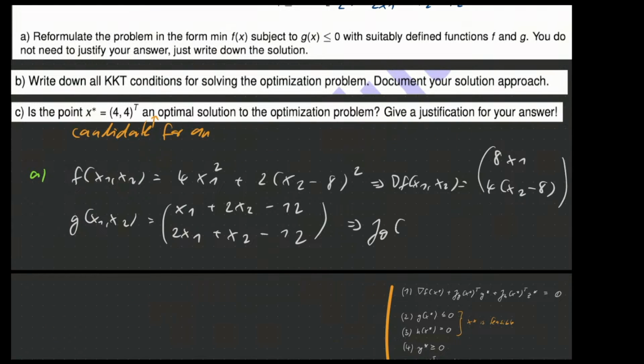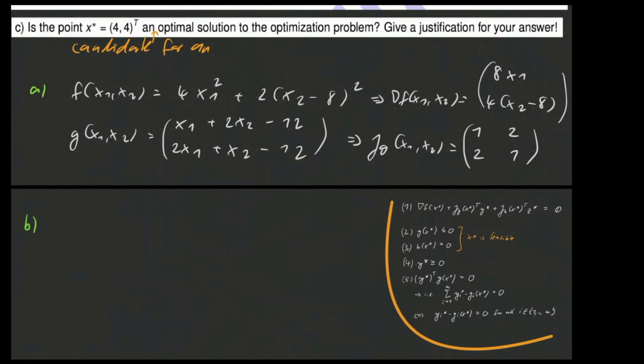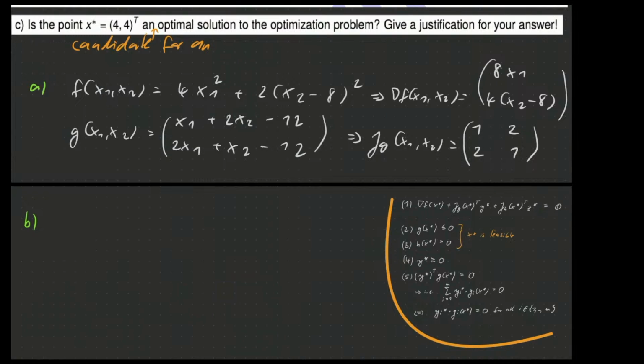And the Jacobian of g, again, we take the first row, and compute the partial derivatives with respect to x1 and x2. For x1 we get 1, for x2 we get 2. And for the second row, for x1 we get 2, and for x2 we get 1, right? So this is a constant in that case.